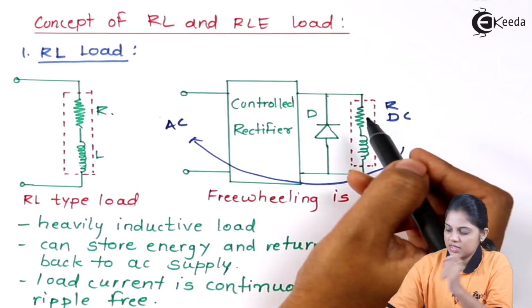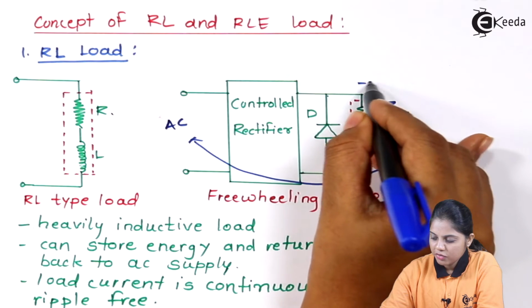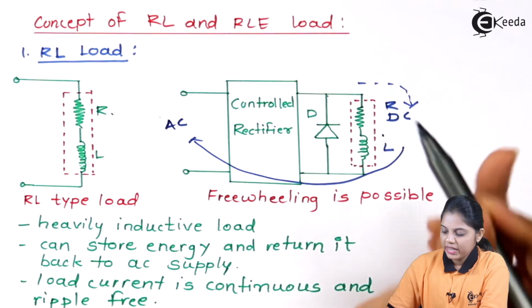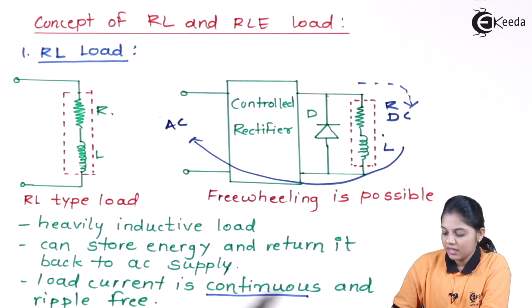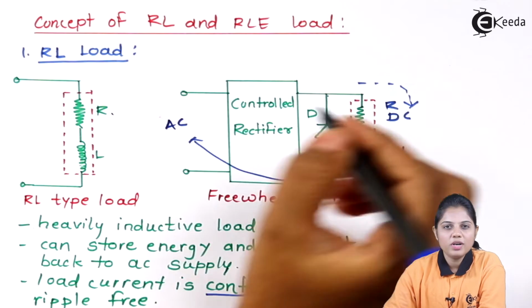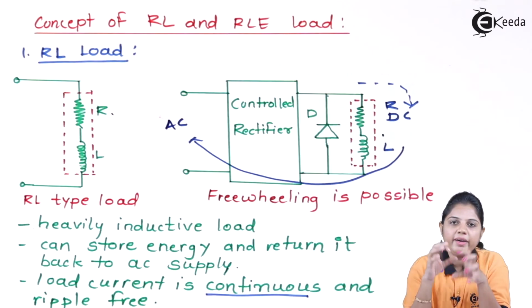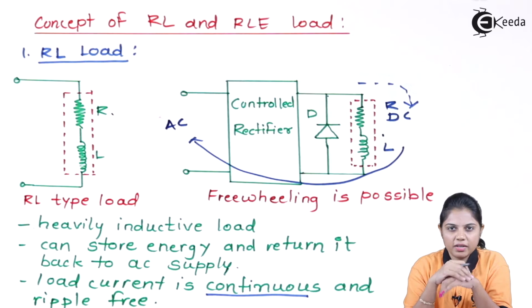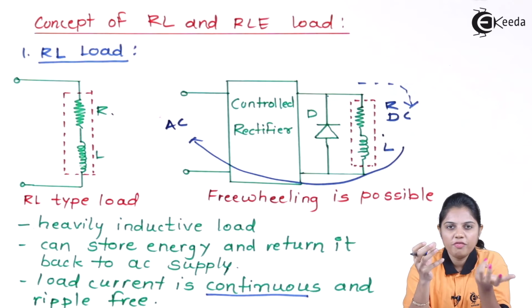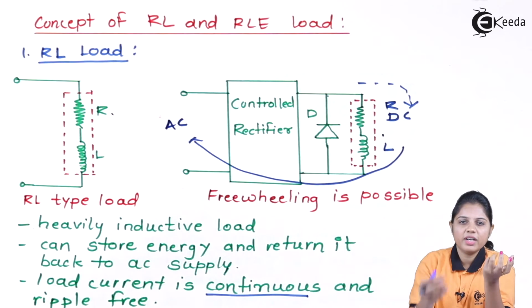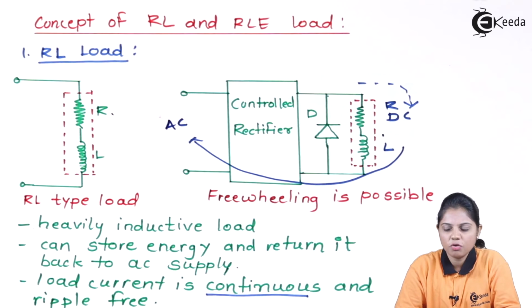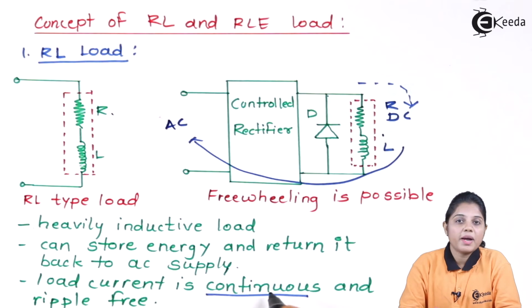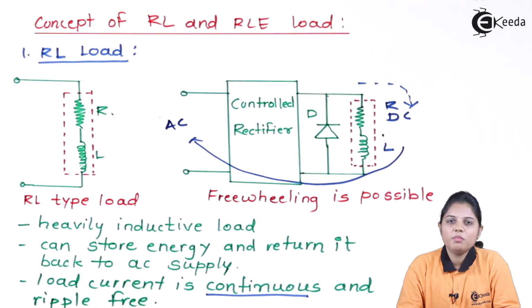Second advantage is that load current, the current which will flow through this load, is a continuous load and it is a ripple free. If the load is a resistive, you will get ripples in your output current. The output current you are getting for the rest of the configurations where we have connected the resistive load, pure resistive load, in that your current might be discontinuous or it can be a ripple.